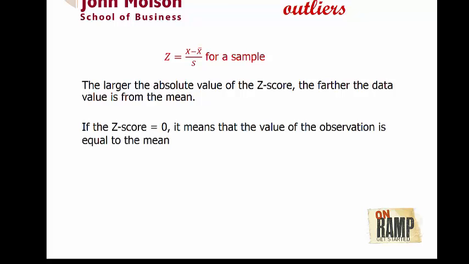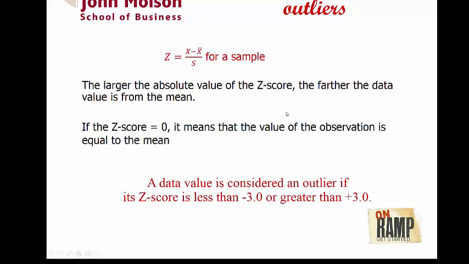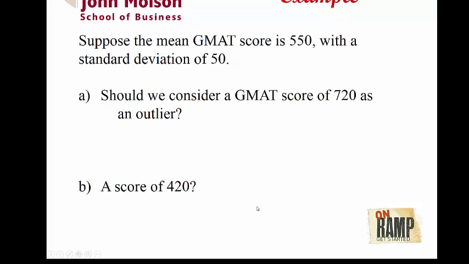If I have a Z-score of 0, how can this Z-score be 0? It means the observation is equal to the mean. It means x is equal to x bar, making the numerator 0. A data point is considered an outlier if its Z-score is less than -3 or greater than +3. If it is a Z-score of 4, yes, it's considered an outlier.